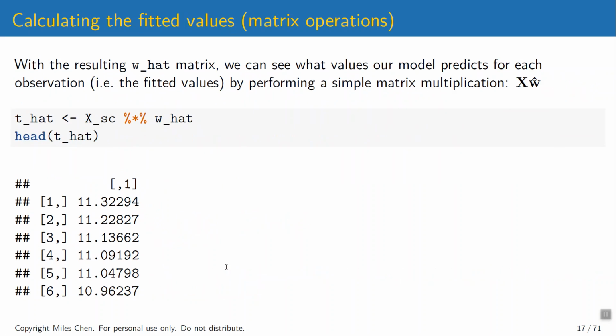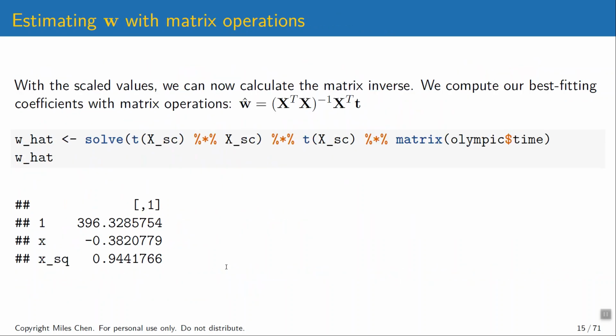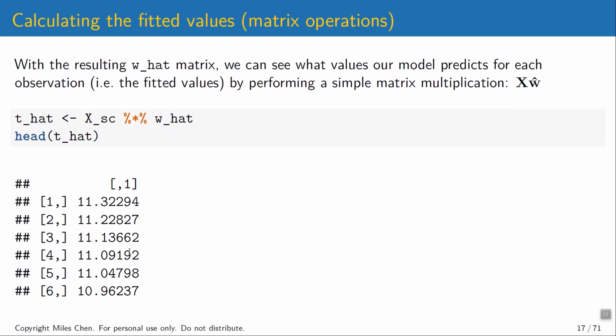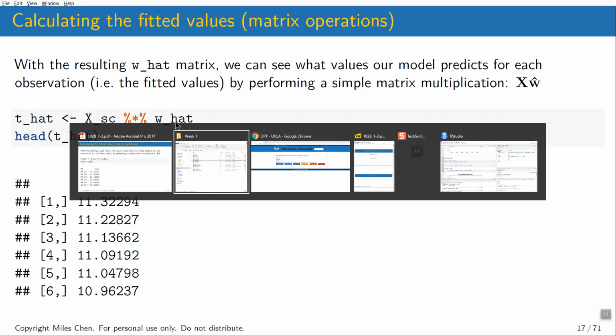Now that we have W hat, which is this 3×1 matrix, if we want to make predictions, or see what the fitted values are, we just take our X matrix and multiply it by W hat.